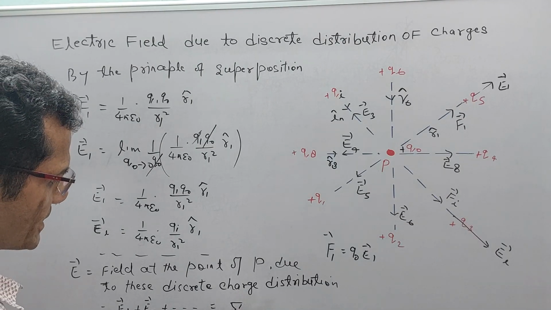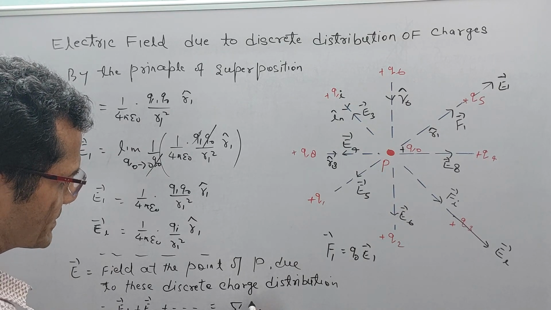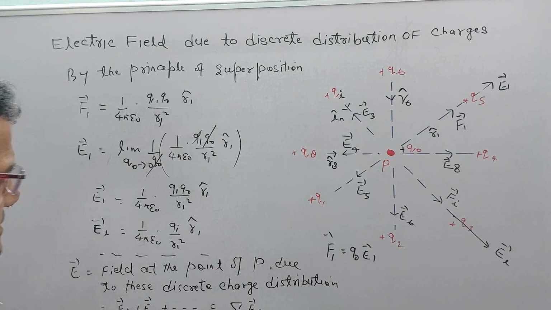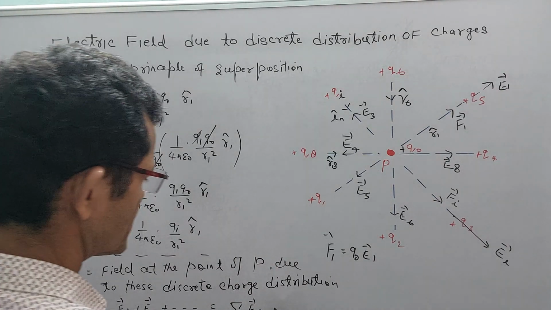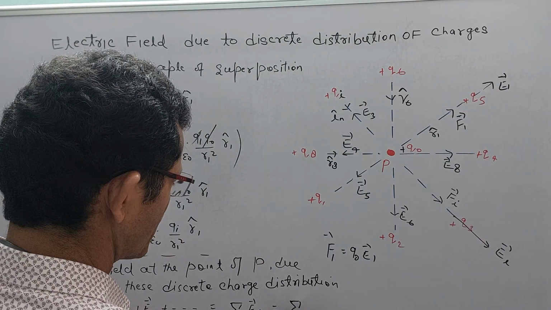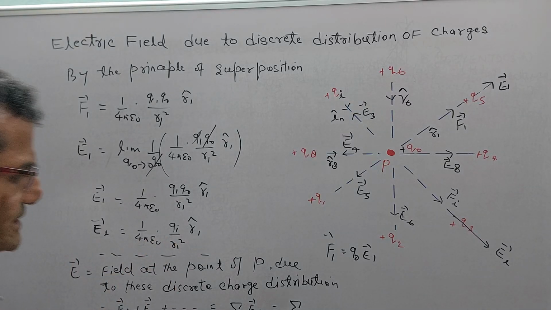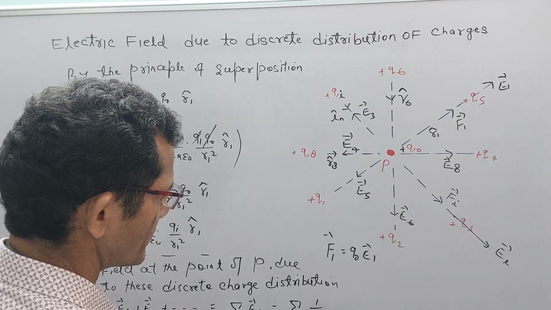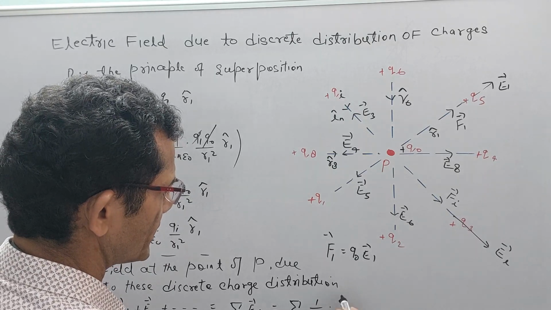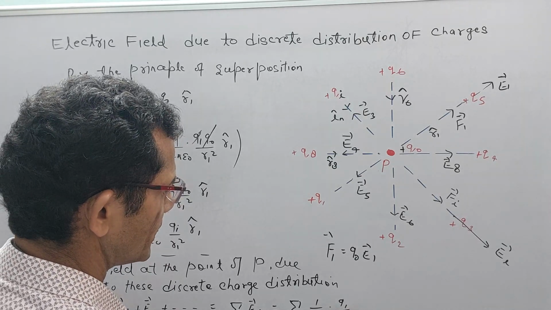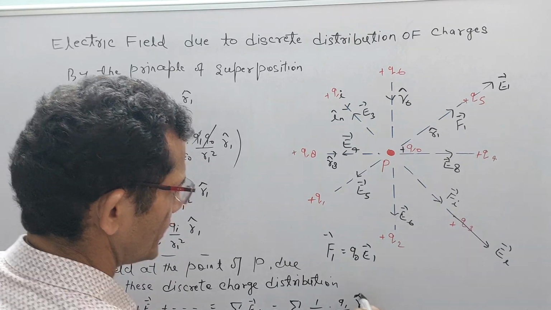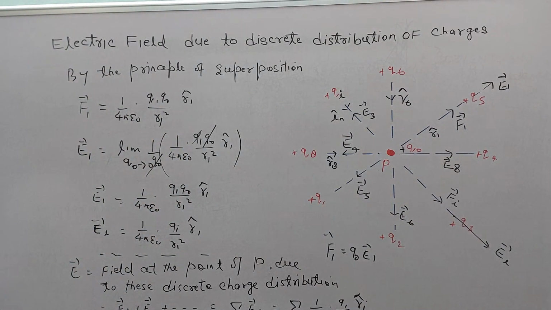This can be summarized as the sum over i, from 1 to n, of E ith vector, and putting the value of the ith field, it is 1 upon 4 pi epsilon naught Q ith upon r ith square r ith cap. This is our final expression.